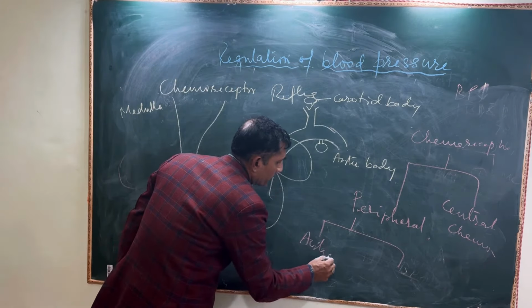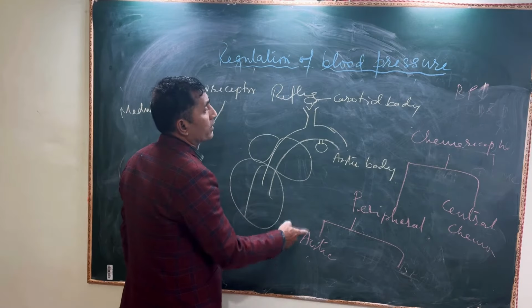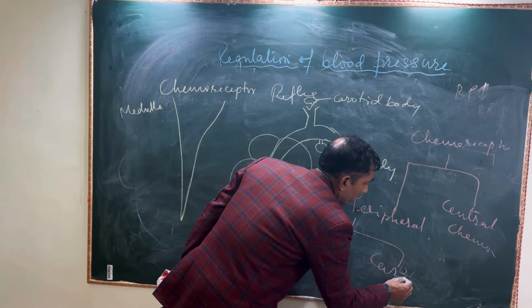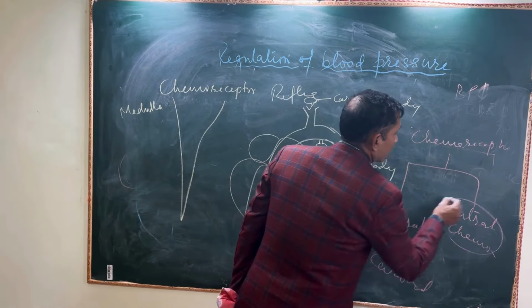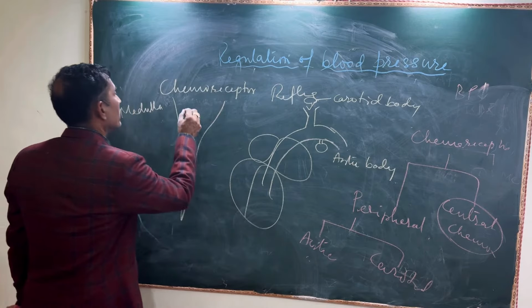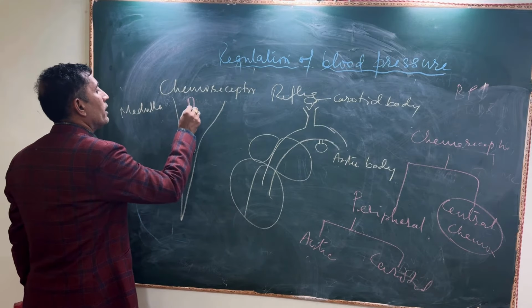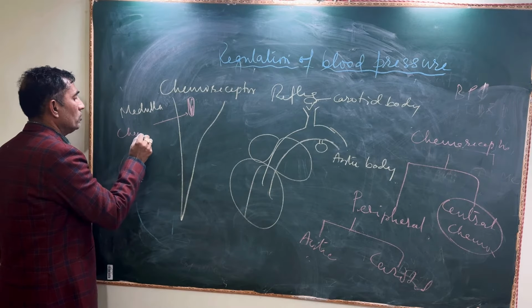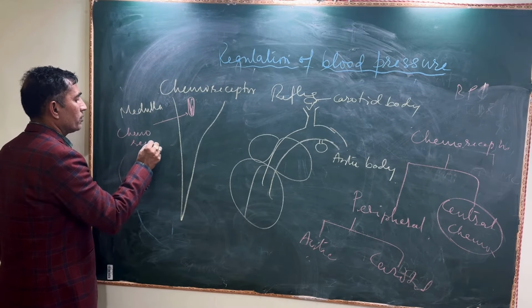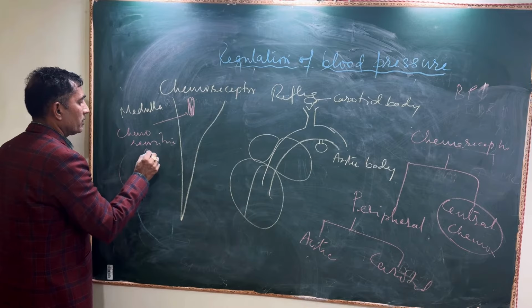So the aortic body and the carotid body come under peripheral chemoreceptors, and for central chemoreceptors we have a center in the medulla, that is the chemosensitive area.